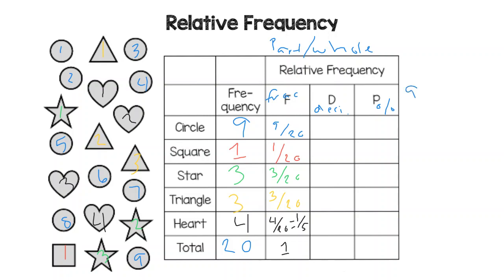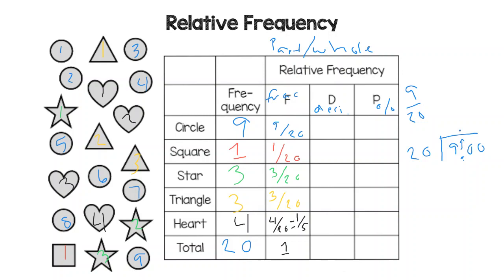We have 9 over 20, and we want to turn this fraction into a decimal. So we're going to divide, and we're going to put 9.00 on the inside and 20 on the outside. Remember, we bring our decimal point straight up into the quotient.